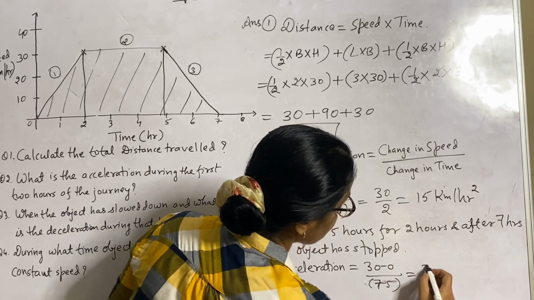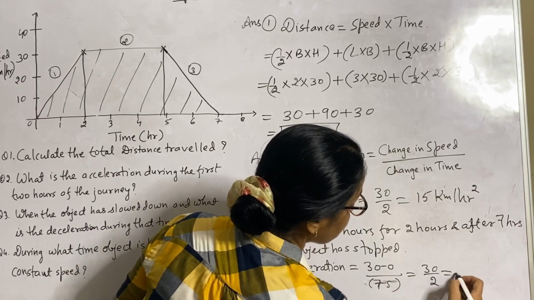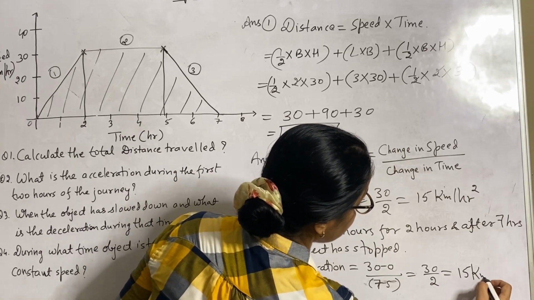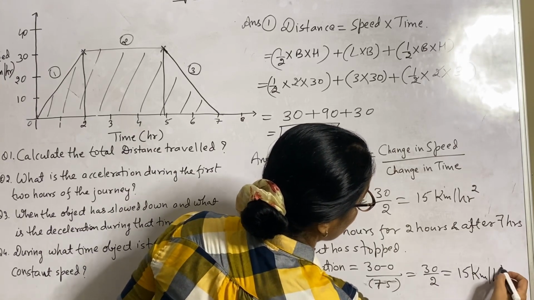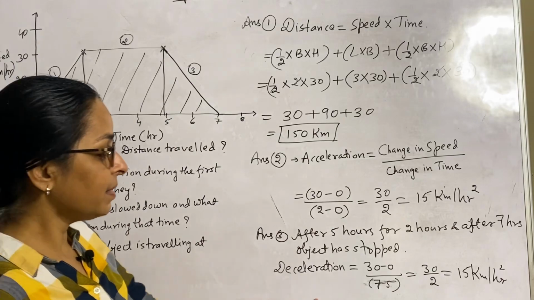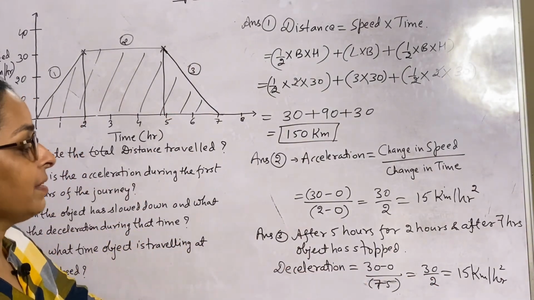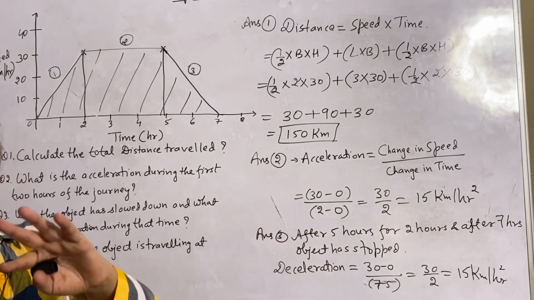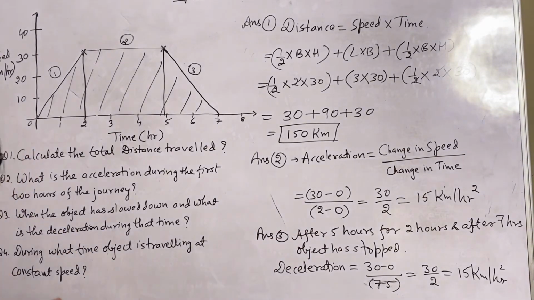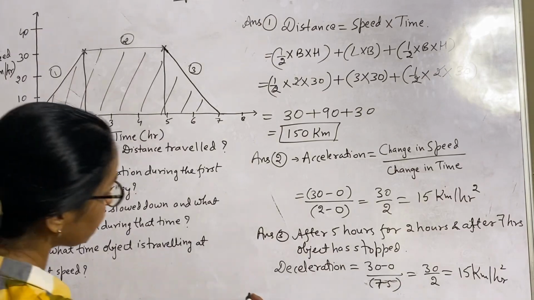Which is 30 over 2. So it is 15 kilometers per hour squared. So it is decelerating at 15 kilometers per hour squared, or you can say acceleration is negative 15 kilometers per hour squared.